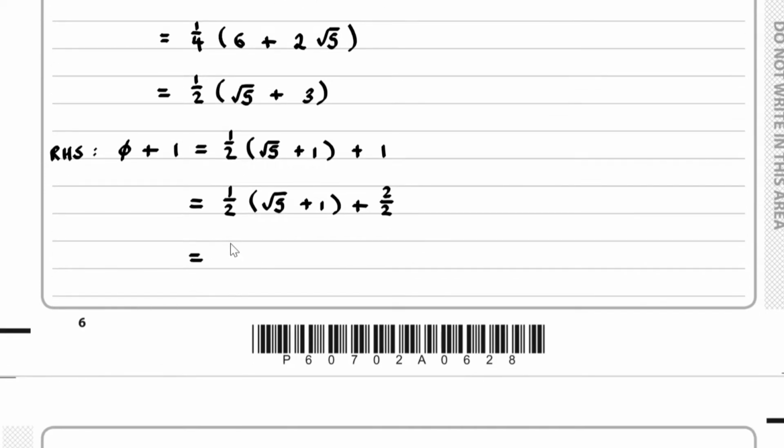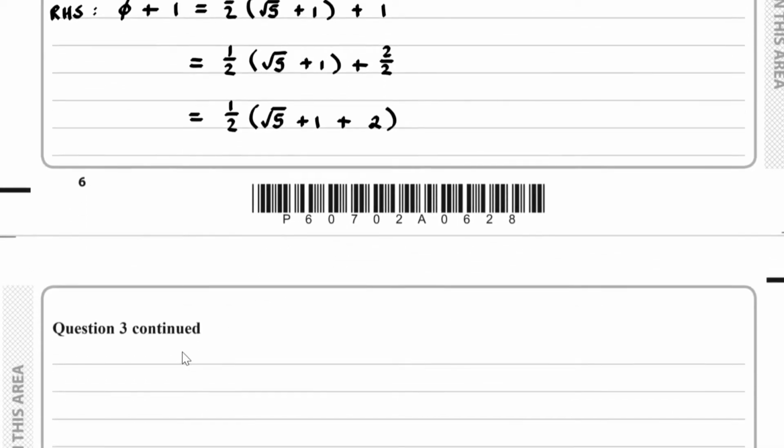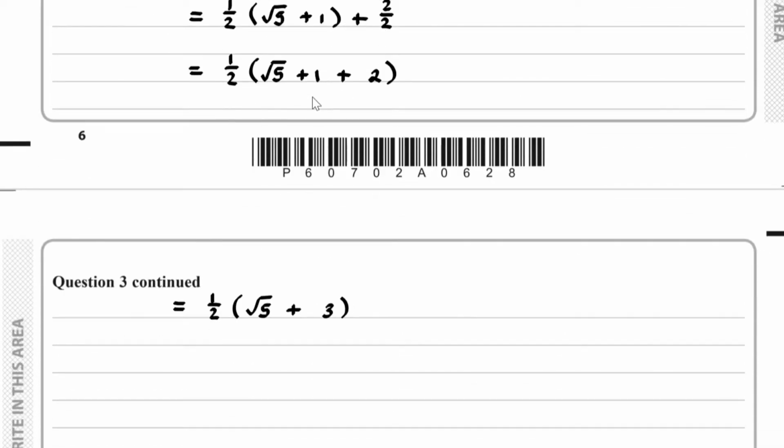So if I factorize out a 1/2, we end up with 1/2 times root 5 plus 1 plus another 2, leaving us with 1/2 times root 5 plus 3. And that's what we had on the left hand side.